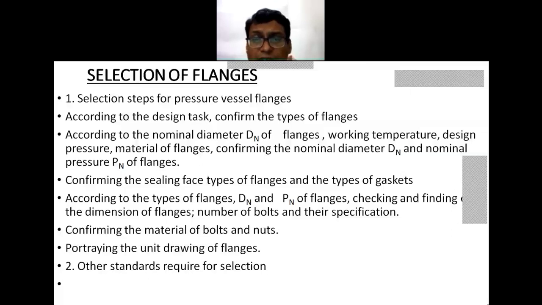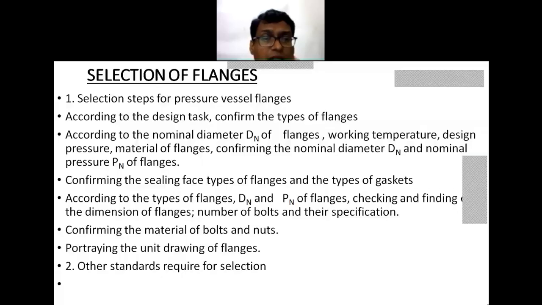Then what must be the nominal diameter, its working temperature, design pressure, and material of the flange. Then the nominal diameter and nominal pressure of the flanges also need to be given importance. At what pressure ratings can it be used, the maximum pressure ratings.